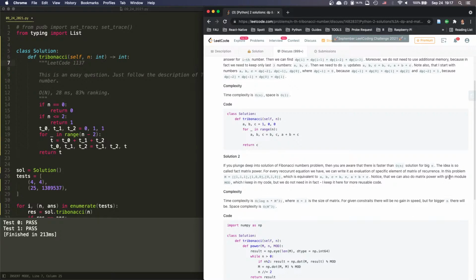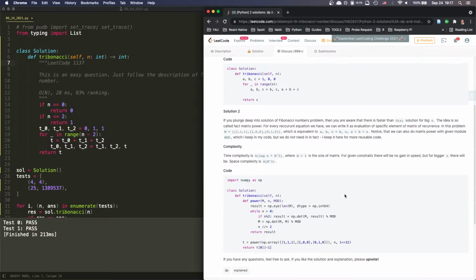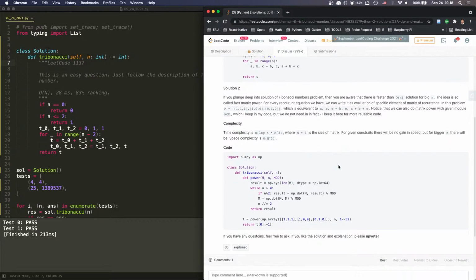The matrix power, and 3 is the size of the matrix. The big M. So this is matrix power.